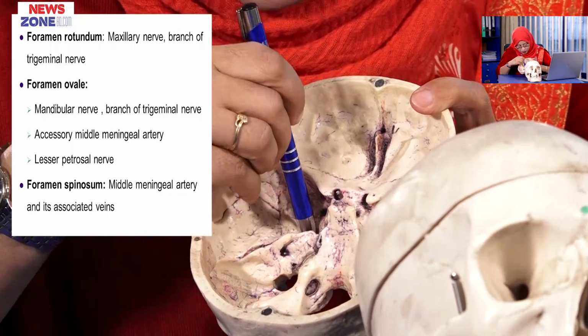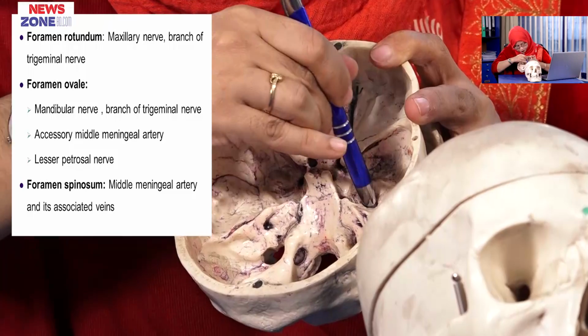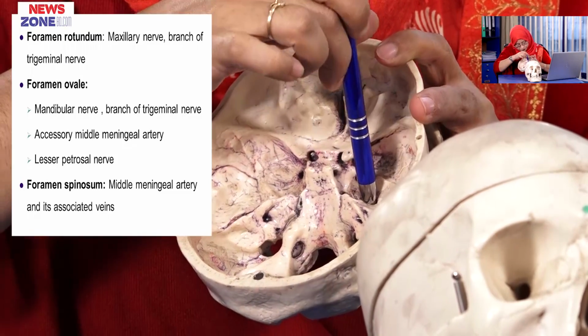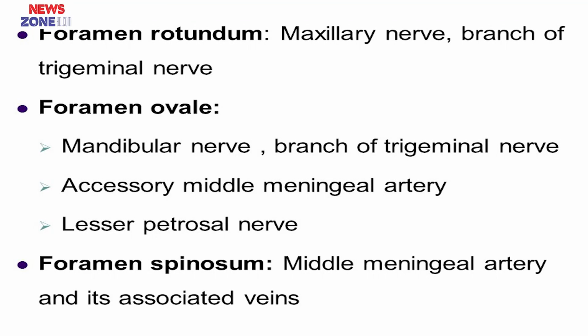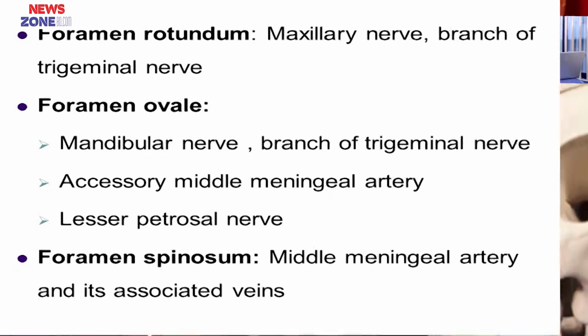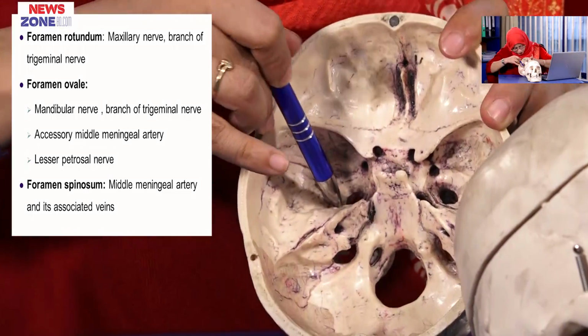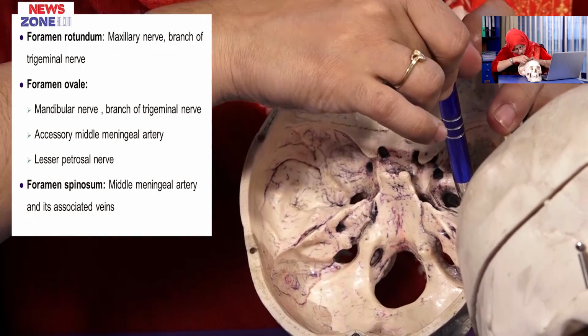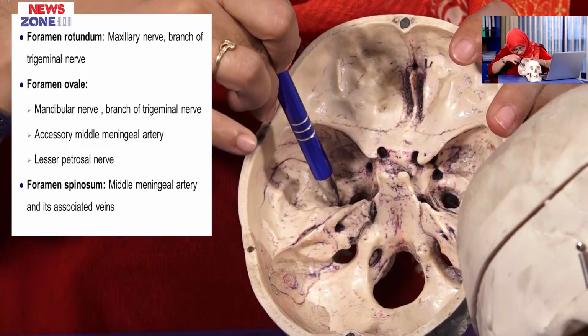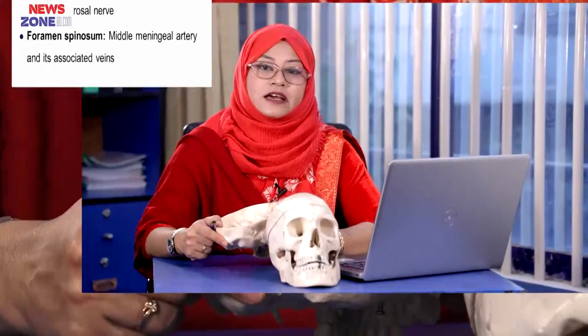This is foramen ovale which passes mandibular division of trigeminal nerve, accessory middle meningeal artery and lesser petrosal nerve. This is foramen spinosum, which passes middle meningeal artery and its associated veins.